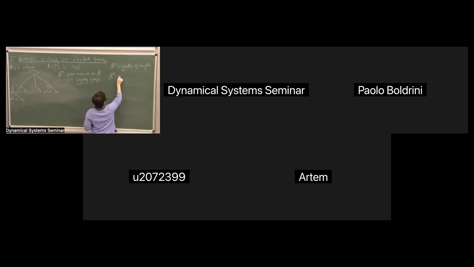D to the infinity will be infinite words, words of infinite length. These actually don't live in the tree. This is the boundary of the tree.